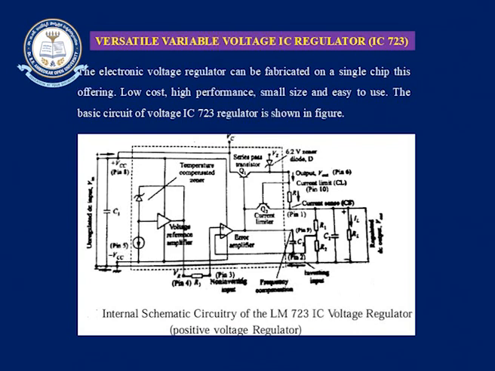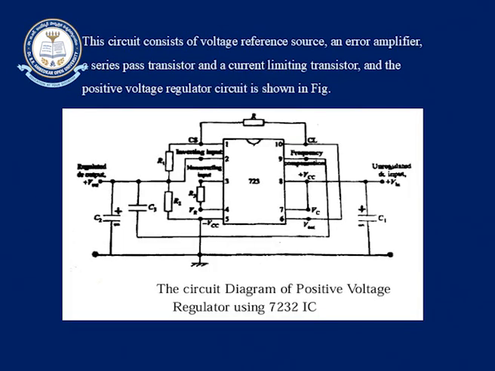That is the semiconductor technology we are using to generate new types of ICs, chips and so on. The IC 723 is low cost and high performance, and it is also small in size, so you can easily use it. Here is another circuit diagram, of a positive voltage regulator using the 723 IC.